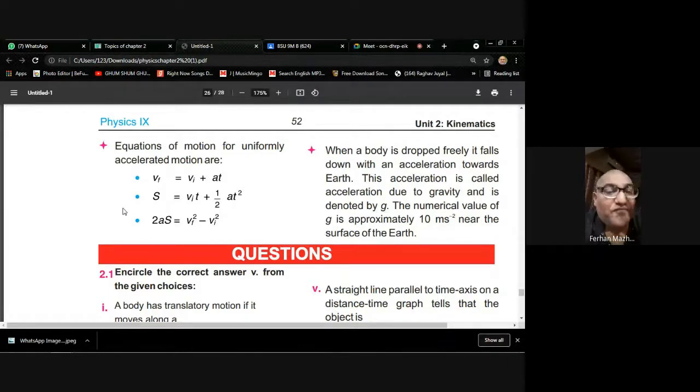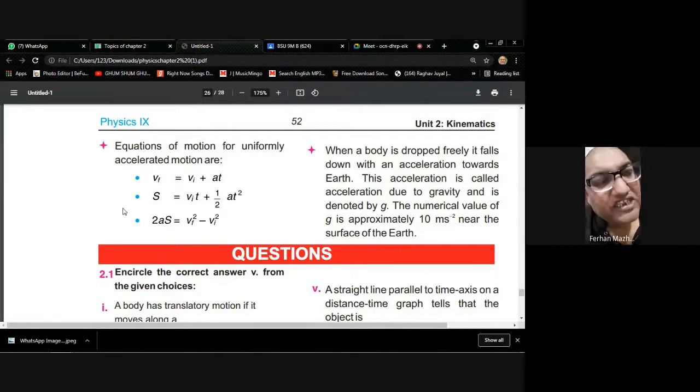If you are falling down under the influence of gravity, or going vertically upward or downward, then the value of the acceleration is equal to small g, and that value is approximately 10 meter per second.